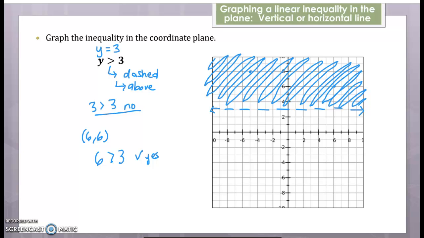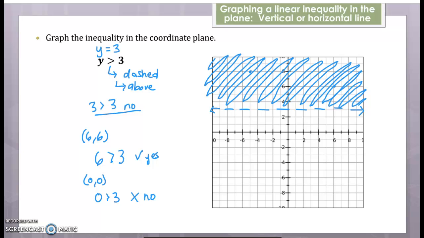Now, if I test this point here, 0, 0, y is 0. Is that greater than 3? No. That's false, and so I know 0, 0 is not a solution to this inequality. Okay, that is a horizontal line.